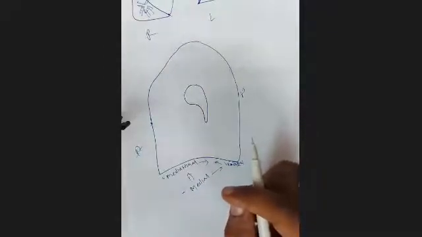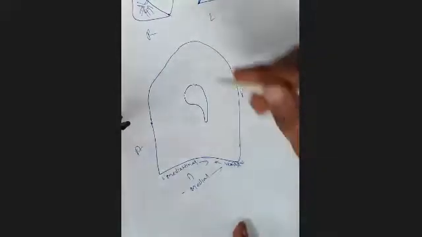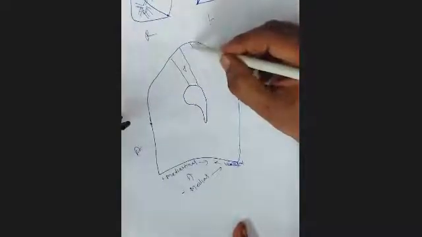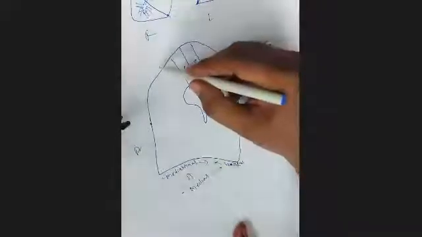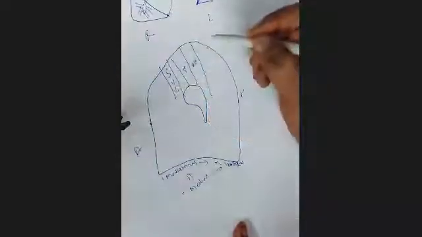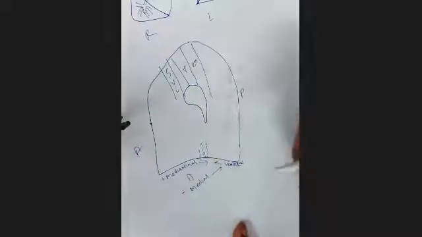Now, what impressions do we see on the right side? Firstly, let me tell you, both on the right and left side, we see the trachea and then we see the esophagus. But on the right side, what we see mainly is SVC, impression of the superior vena cava. Lower down, we see the impression of inferior vena cava.